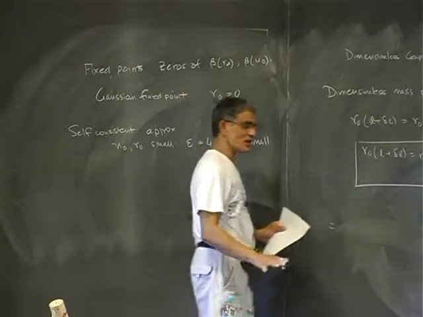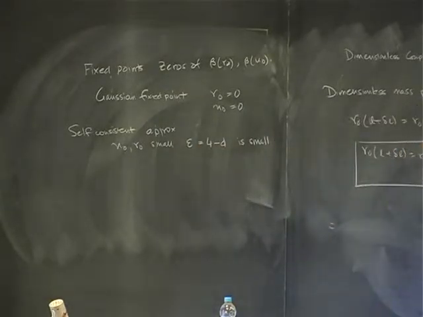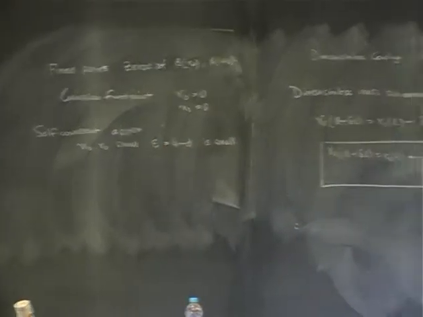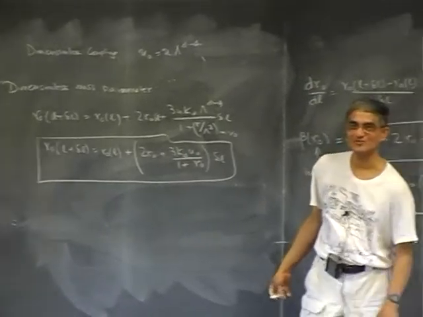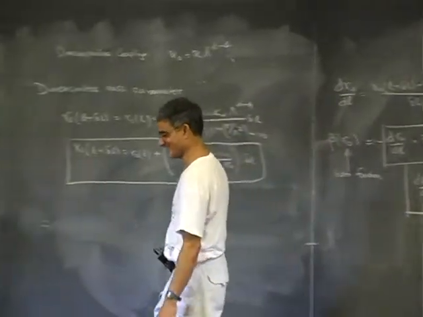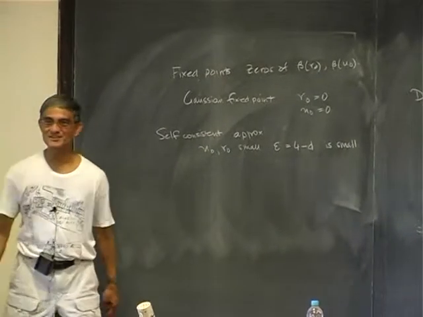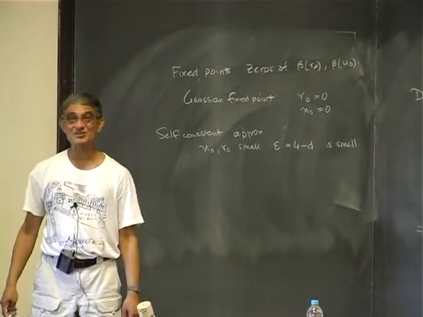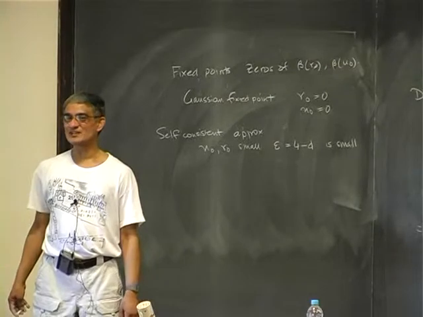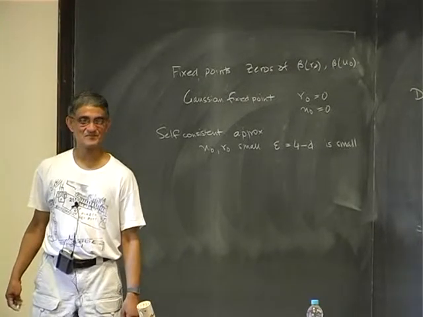Okay, U naught, R naught small I understand. What do you mean by saying epsilon equal to 4 minus d being small? It doesn't mean anything. It's just a demonstration that a new fixed point exists.